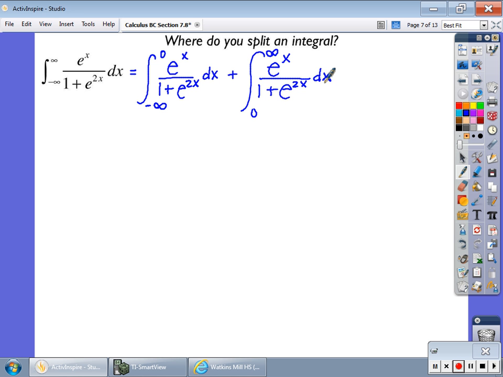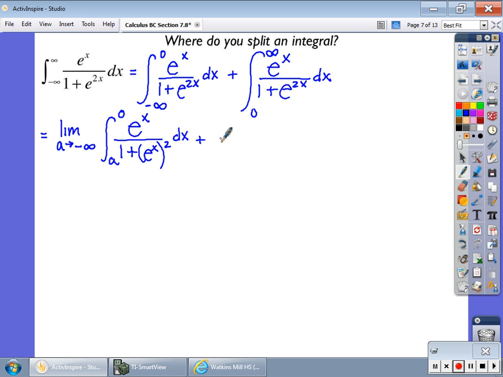So now we're ready to rewrite as limits. And the other thing I'm noticing is that this is really 1 plus e to the x squared. So what I'm really thinking about here is this is going to turn out to be an arctangent. Now when I rewrite, we'll have the limit as a approaches negative infinity of the integral from a to 0, and I'm going to rewrite it as e to the x over 1 plus e to the x squared dx.